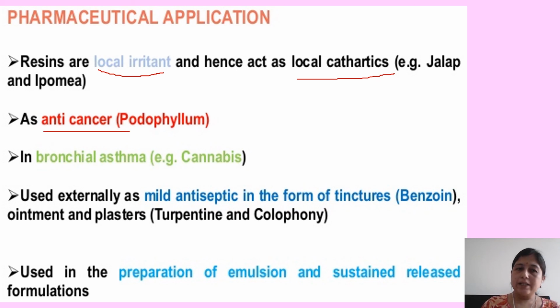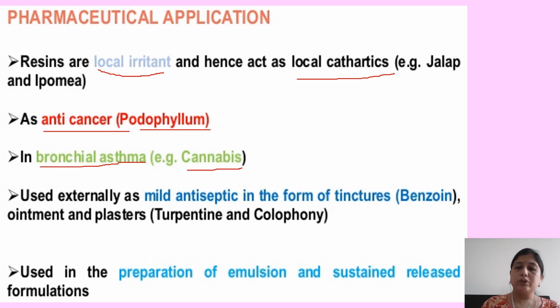They are anti-cancer. In the case of podophyllum, a semi-synthetic drug, etoposide, is generally produced from the podophyllotoxin, which is obtained from podophyllum rhizomes. Then it is also used in bronchial asthma, like cannabis, the charas and ganja, which are produced from the same drug cannabis.